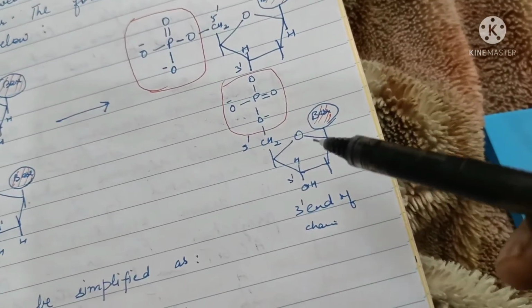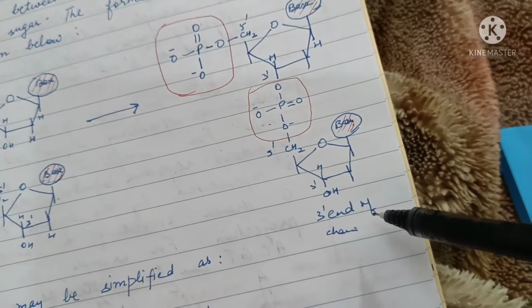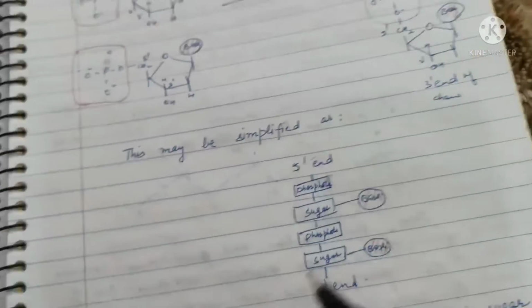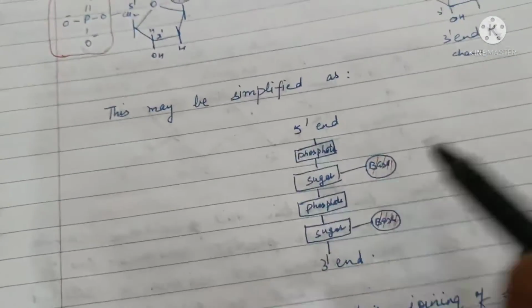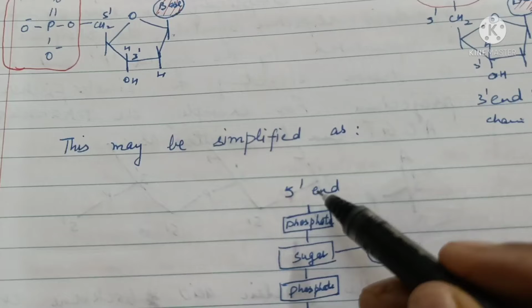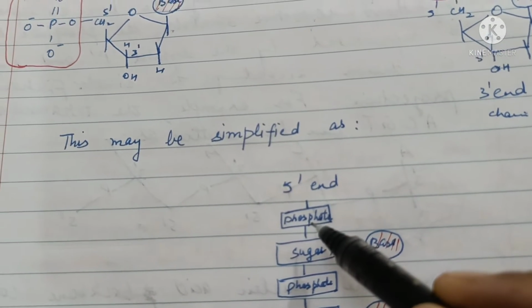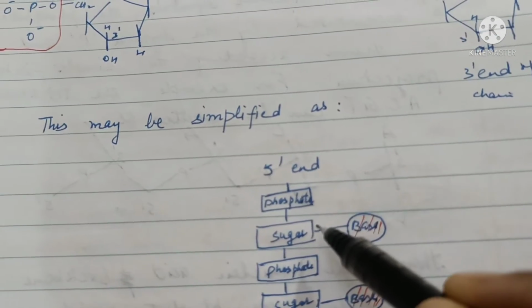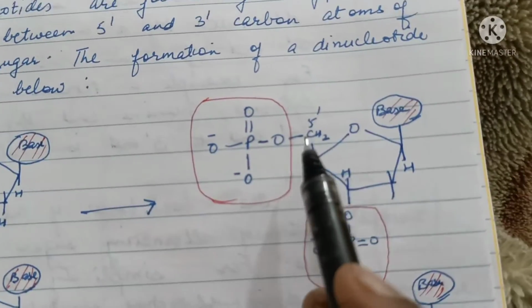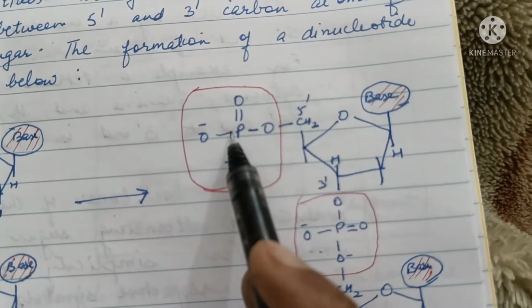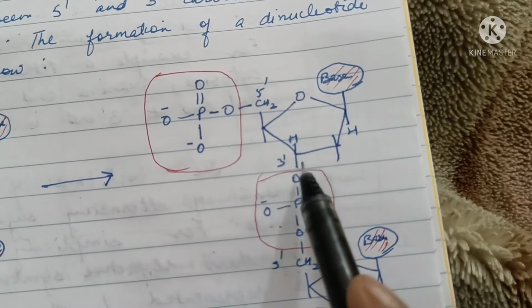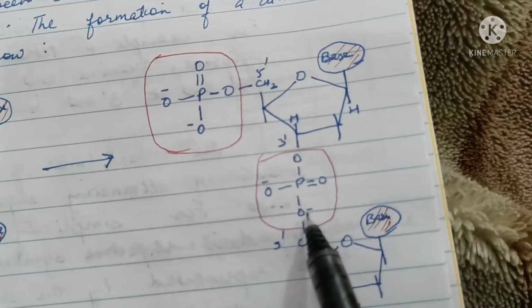So this is a dinucleotide shown here. This may be simplified. The 5 end of the sugar molecule attaches to phosphate. The phosphate is further attached to a sugar molecule. The sugar molecule's 3 end is further attached to phosphate.